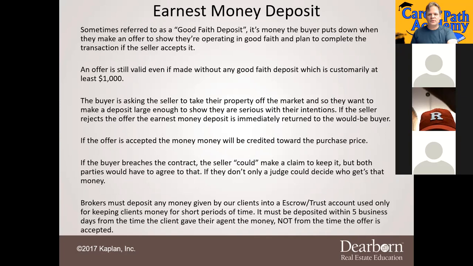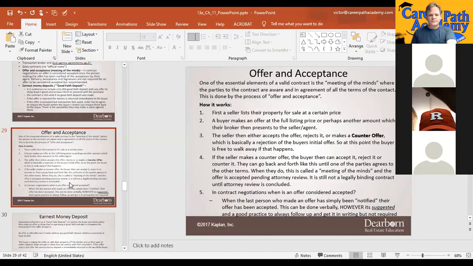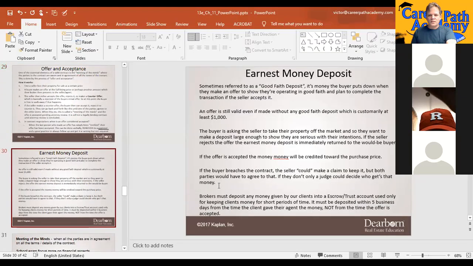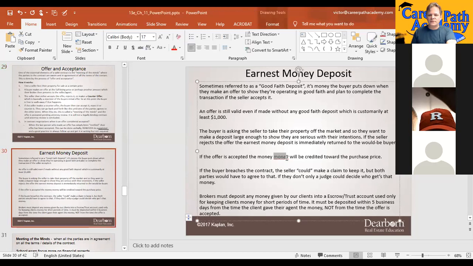Here, let me clear that up a little bit. So if the offer is accepted, the money will be credited towards the buyer's purchase price. If the buyer breaches the contract, the seller could make a claim to keep it, but both parties would have to agree to that.